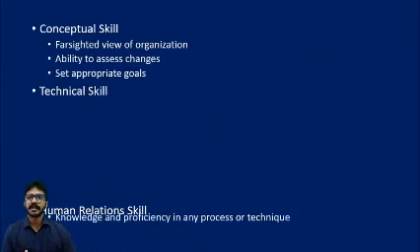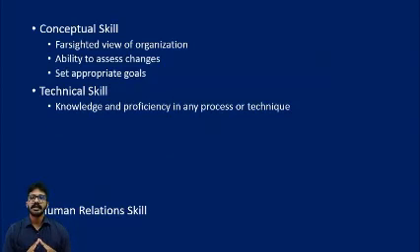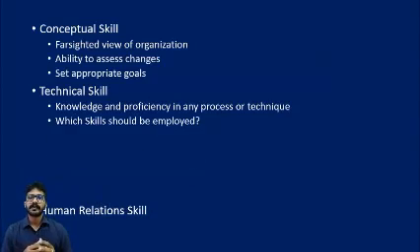The second type of skill is a technical skill. In this, the knowledge and proficiency in any process or technique, or their specialization, maybe an engineer, an architect, a designer, a production supervisor, or a management consultant. Whatever their proficiency is, that is called technical skill, or we can call it area of expertise.